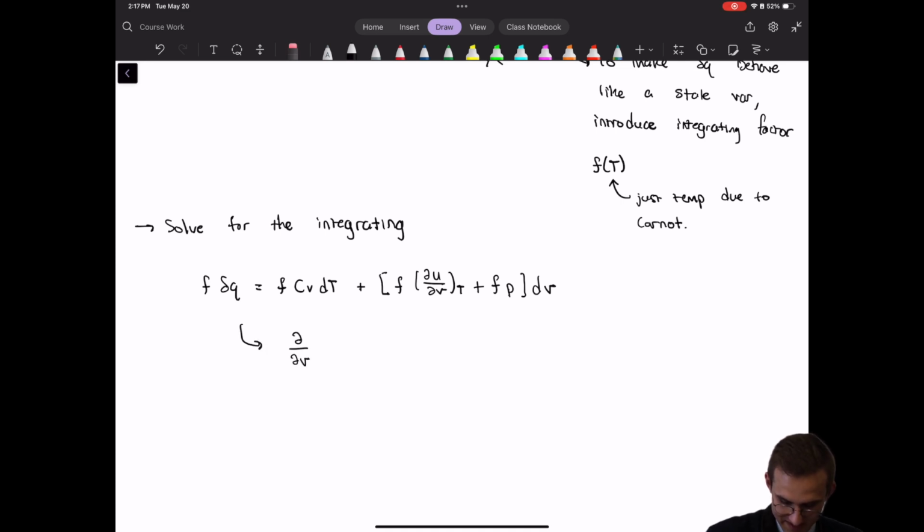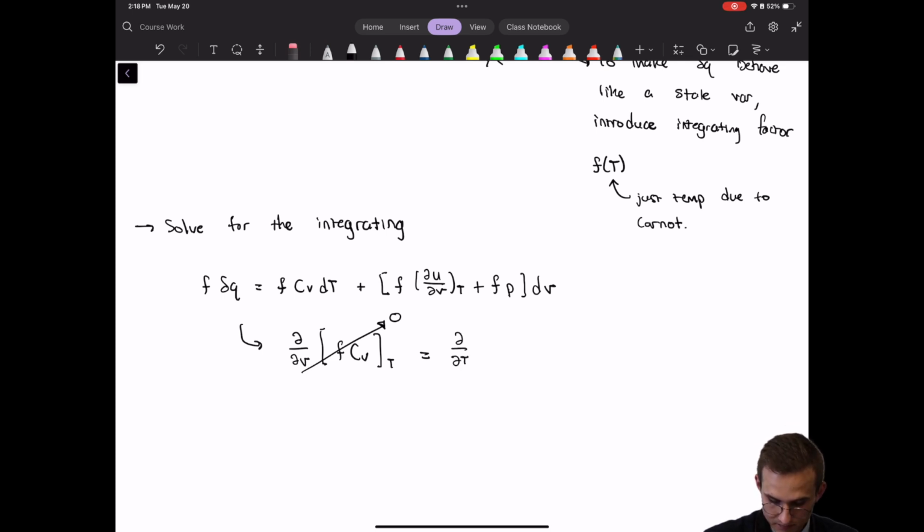So if we do d by dV of F times CV, holding T constant. So again, F is just a function of T, right? And CV itself does not depend on the volume. So we know the whole left side still goes to 0. And this is what's nice about being able to say that F is a function of T only, again, based on Carnot's efficiency. And so the left-hand side of the equation goes to 0.